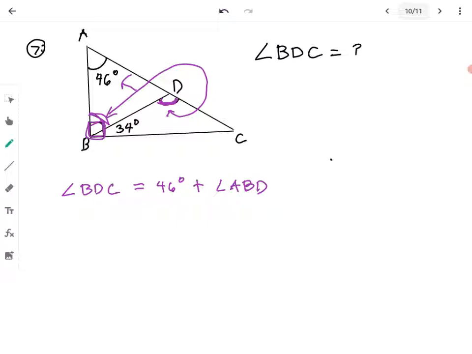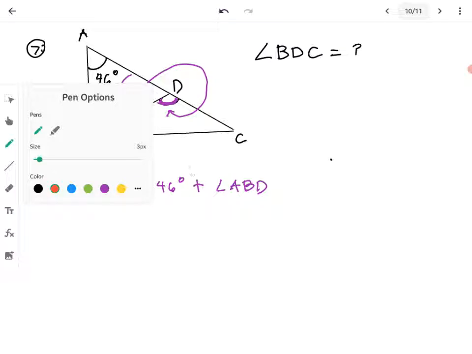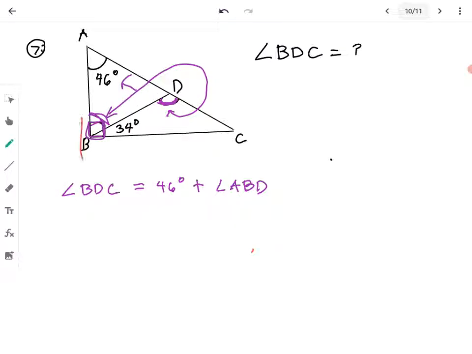So what are we going to do? Let's find angle ABD. Remember that angle ABC is 90 degrees and this is already 34 degrees. So you see the logic there? This is a total of 90 degrees and there's already a part that is 34. Therefore, the remaining measure is angle ABD.